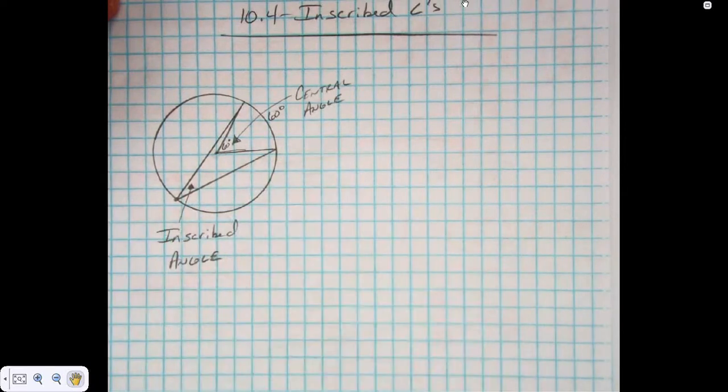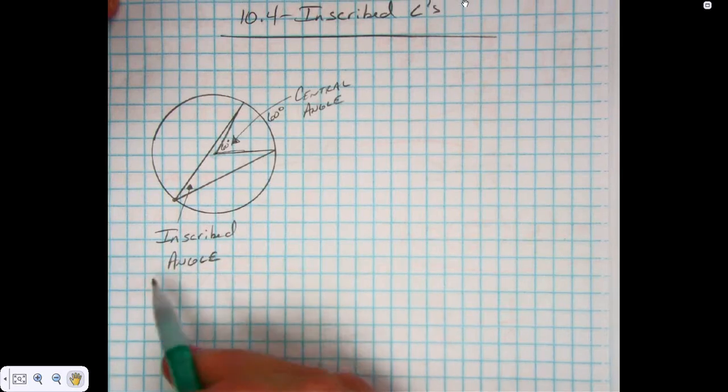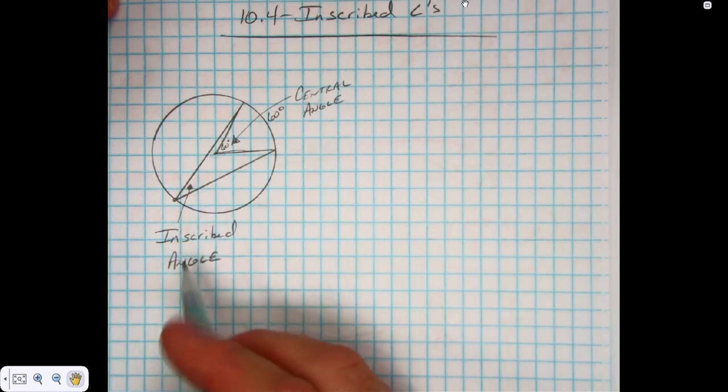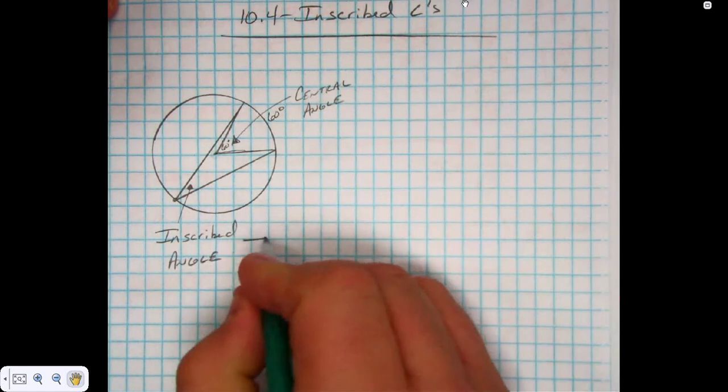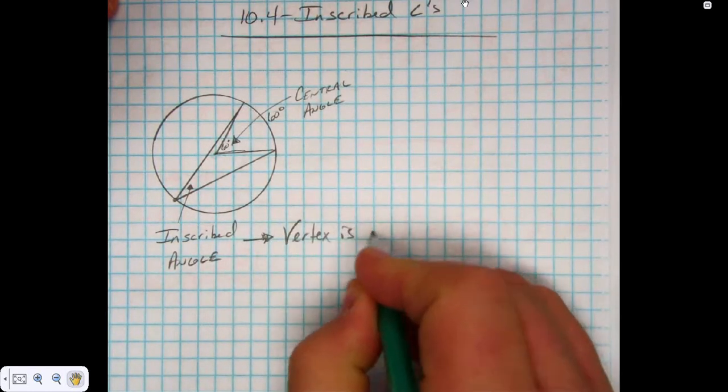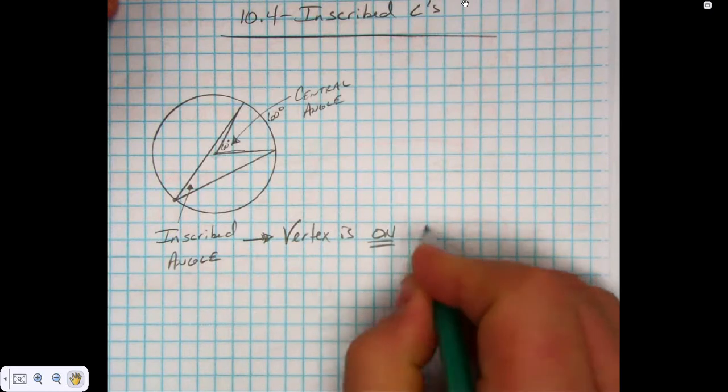Anybody? How do you think I can say this is an inscribed angle? What do you think makes an inscribed angle? Vertex is on the circle.